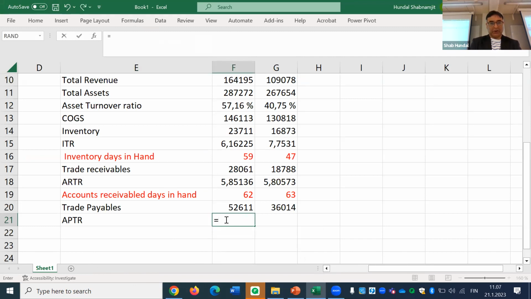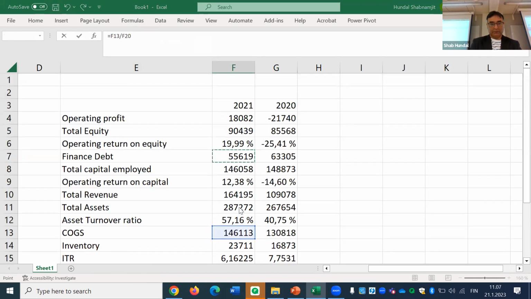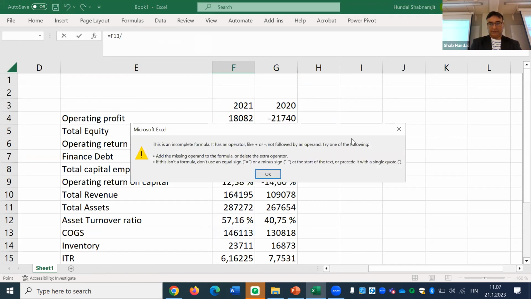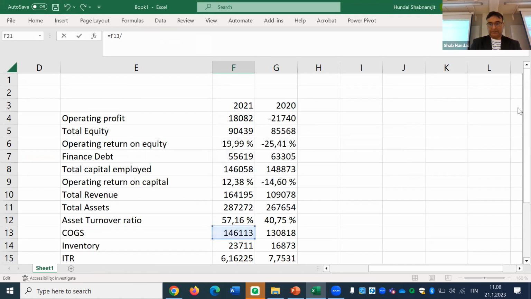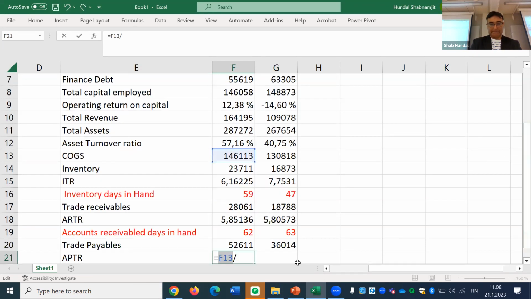And this is equal to cost of goods sold divided by the trade payables.